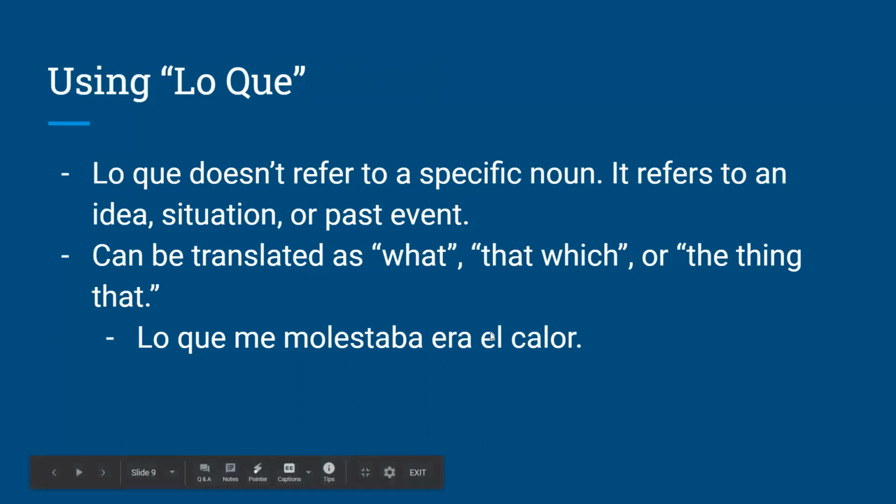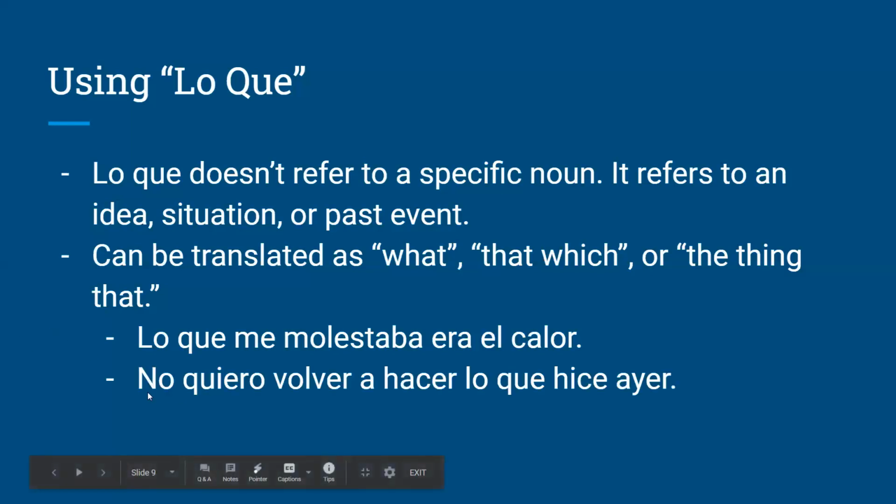Okay, now when you start the sentence off, the thing that bothered me, that is an idea. Okay, even though we find out at the end that it's the heat, it's not like a solid idea, right? It's kind of a vague idea. That's where we get lo que.